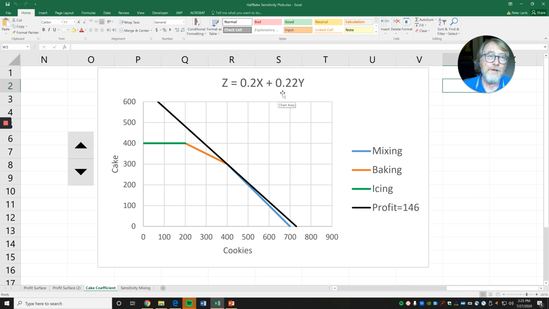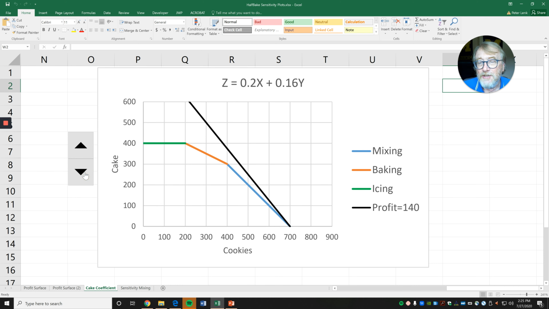Now remember, the original coefficient was 0.3 and the allowable decrease was 10 cents, 0.1. So I can only go down to 0.2 and still have the 400 and 300 pound solution hold. Once I go down below that, what's going to happen? That's right. You're going to pick up saying, hey, just do cookies.